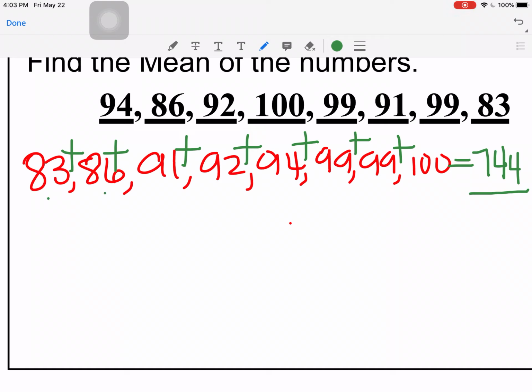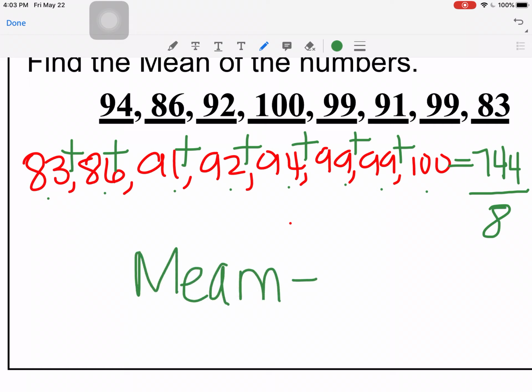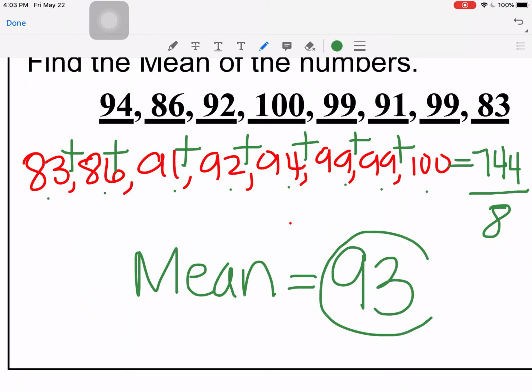That's 1, 2, 3, 4, 5, 6, 7, 8. So we're dividing by 8. And when we divide by 8, the mean equals 93. All right, so this number centralizes our data to the middle. So 93 will fall up in here. So it kind of centers our data, okay?